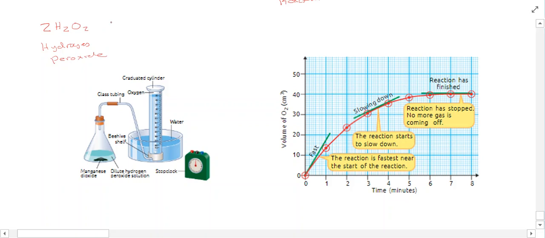And what we can do is react this with a catalyst, which is MnO2. This is what's known as manganese dioxide.